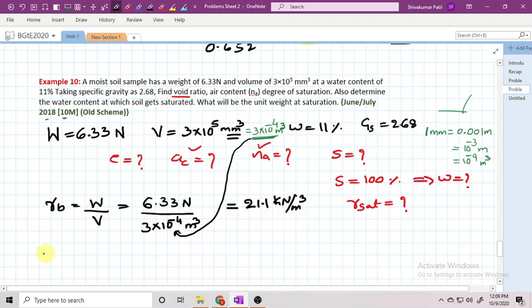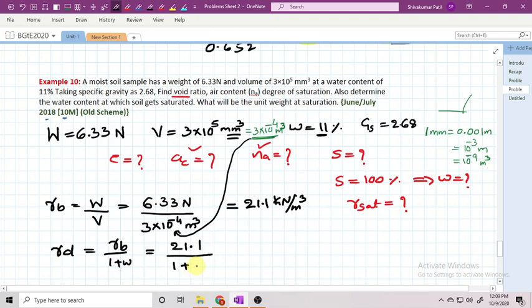Once I know the bulk density, I can find out the dry density because I know the water content. So gamma D equals gamma bulk divided by 1 plus W. Gamma bulk is 21.1 divided by 1 plus water content.